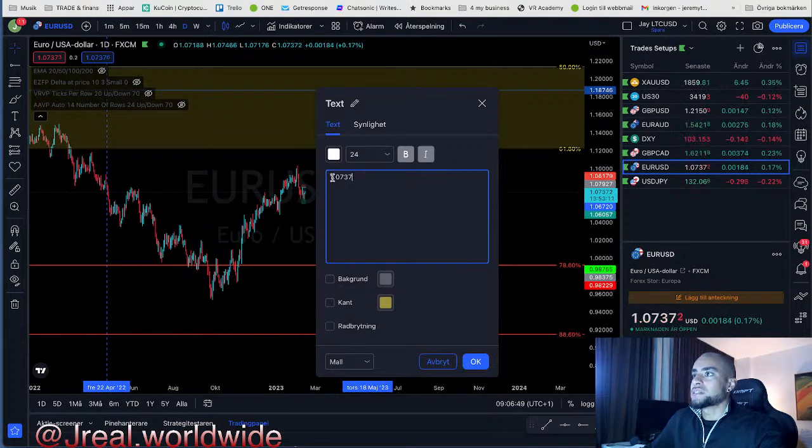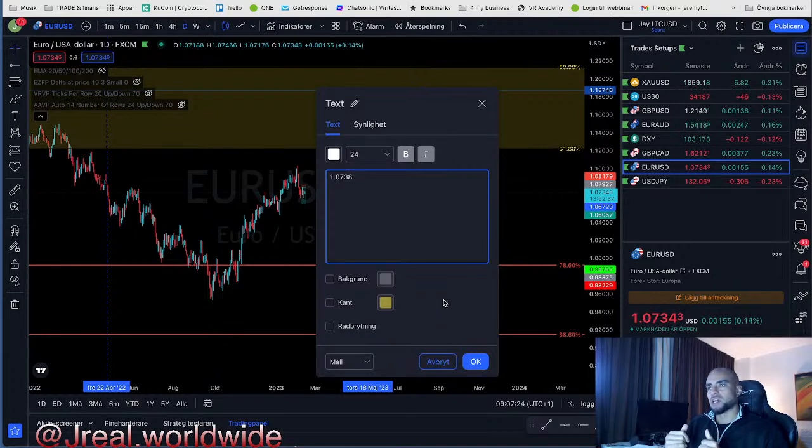One pip is the fifth digit. So it's not the 1, not the 0, not the 7, not the 3, but the 7 here. So if it moves from 1.0737 to 1.0738, it has moved up one pip. That is one pip.